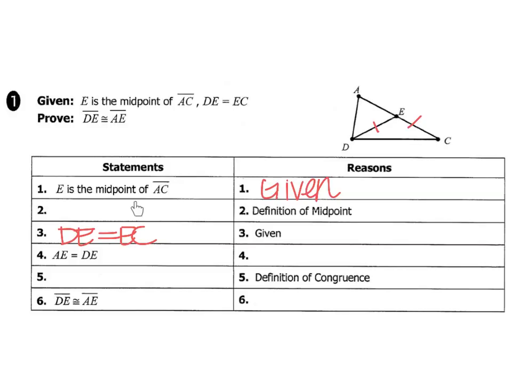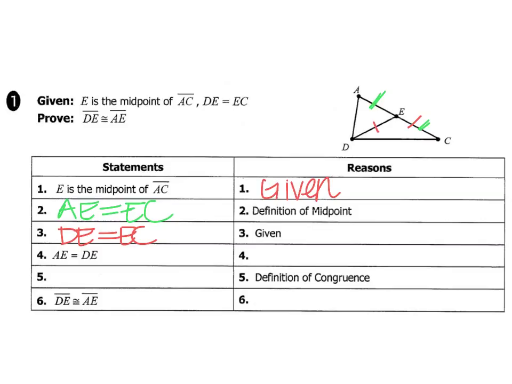So that would be the statement we could write based off of the definition of a midpoint. So that's what we want to write in statement number 2, that AE is equal to EC. And now we can mark that on our diagram as well. We know that AE is equal to EC.